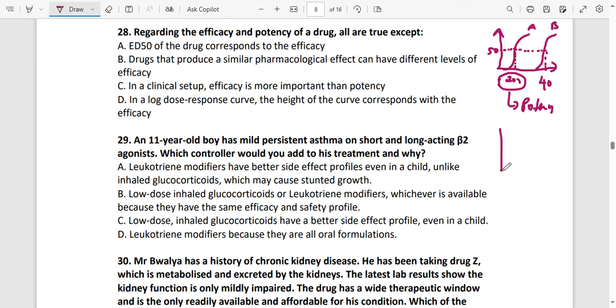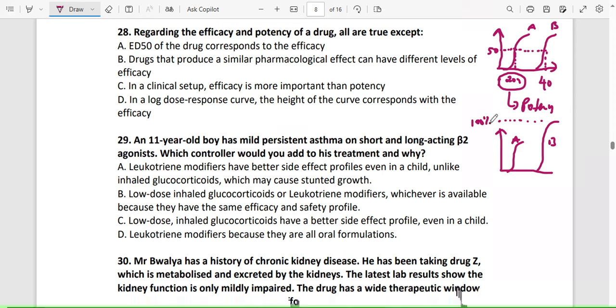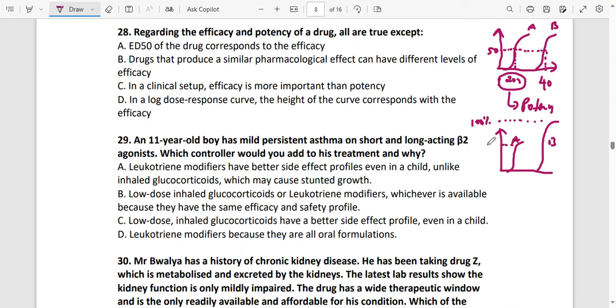You can as well compare two different drugs. You have got this drug. So when you're talking about potency, you use the ED50. You can see these two drugs, drug A, drug B. These drugs are showing us effect. Let's say this one, that's the maximum effect that we want. That's 100% of the effect we want. Let's say this one, this is 50% of the effect that we want.